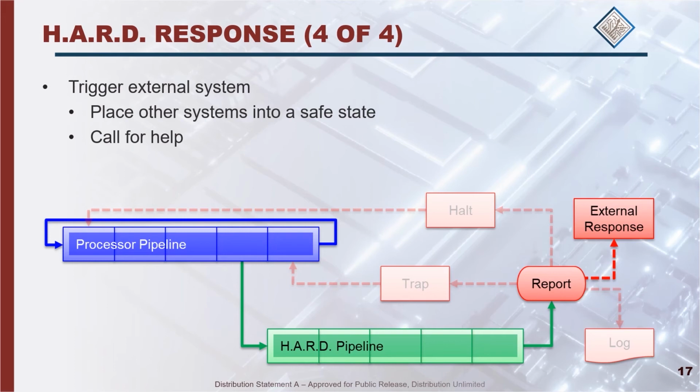Another example of an external trigger is simply a call for help. This could be another communication, a warning light, something that would trigger another system to come in and help this system as it's being hacked.